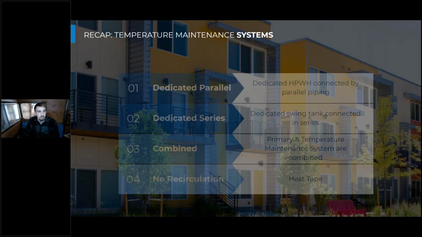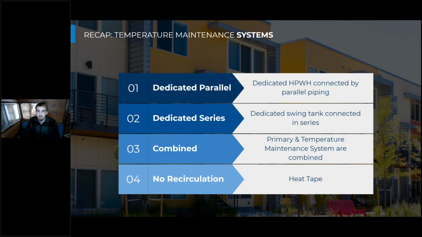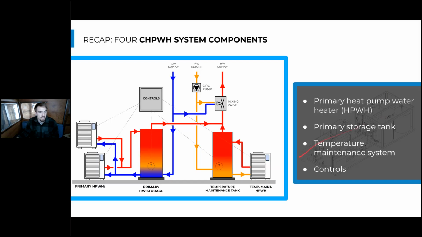And so there are 4 different types of temperature maintenance systems that have been implemented really successfully, depending on the type of heat pump that you're dealing with. So the first is a dedicated parallel heat pump water heating system, and I'll switch slides back and forth as I talk about these 4, but the previous slide we just looked at is a parallel temperature maintenance system, because this return water from the building is going to a completely separate system that's serving the mixing valve in parallel with the primary storage.